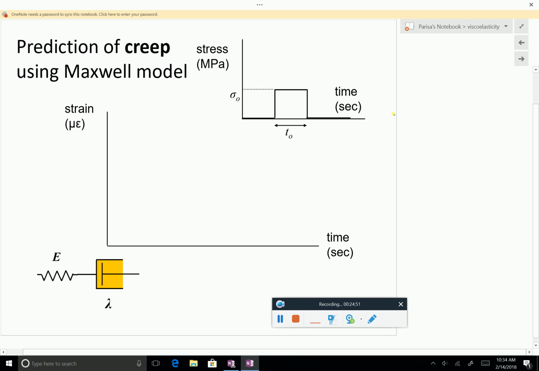Epsilon e is of course sigma over E. Epsilon v, because of the dashpot, if the sigma is constant, would be sigma 0 over lambda times t.